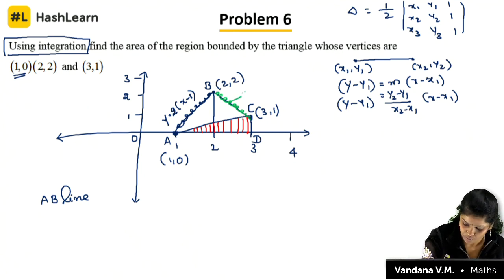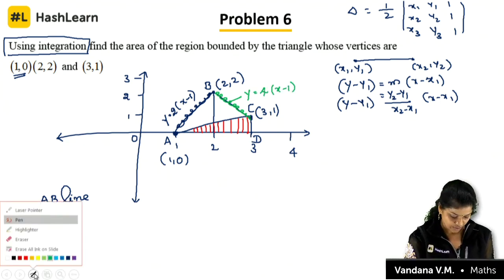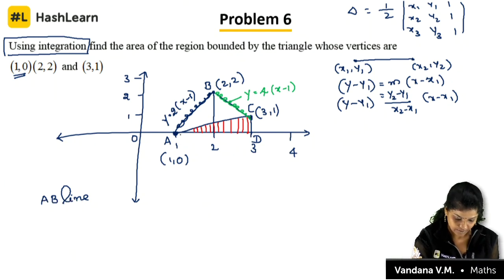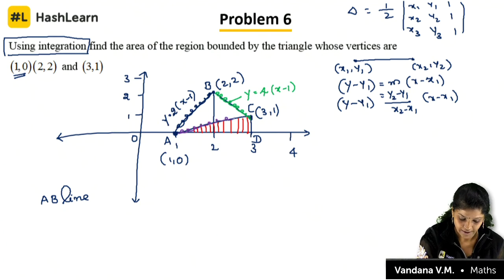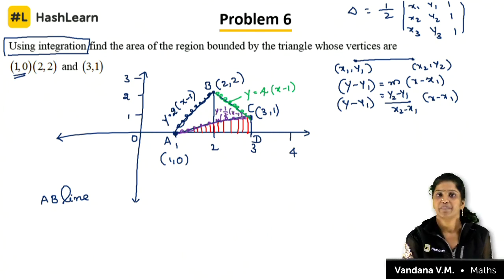If you use that formula, you have to get y is equal to 4 into x minus 1. In the same way, you find out the equation of CA or AC. So this is y is equal to 1 by 2 into x minus 1.